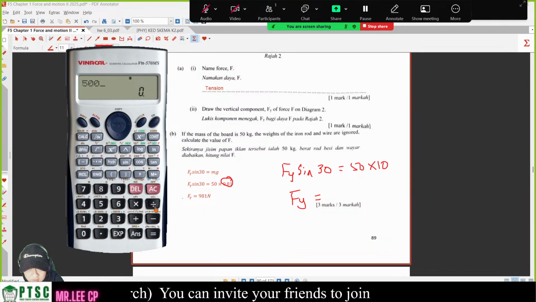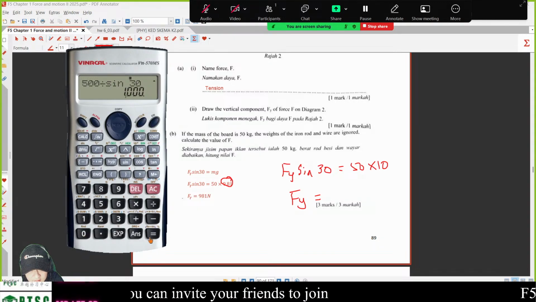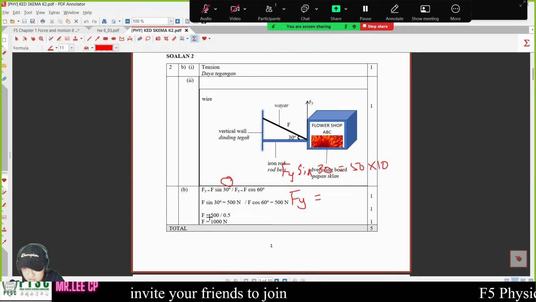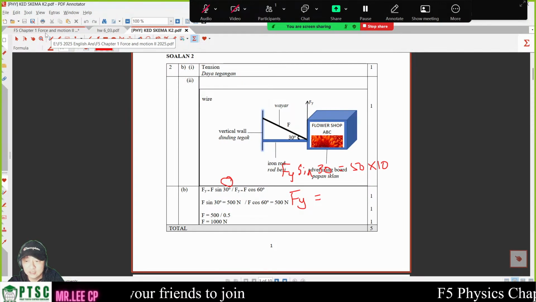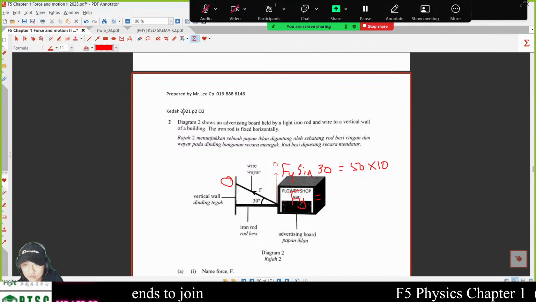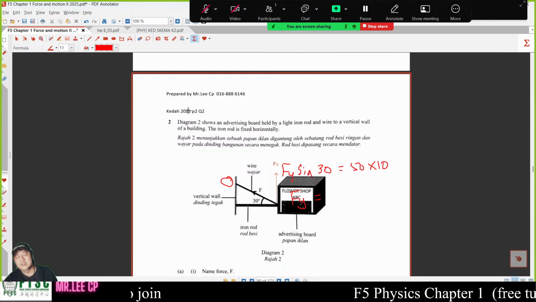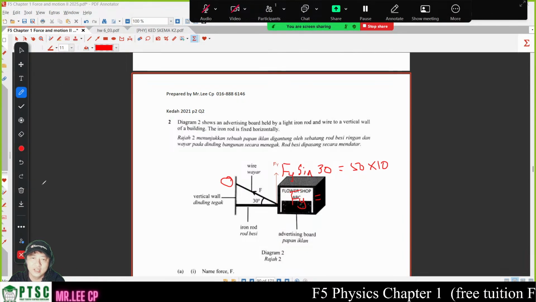How much will I get? 1000. So their answer is 1000 because they are using g as 10. But now we are using 9.81. This one is 2021, sometimes some teachers still use g as 10.